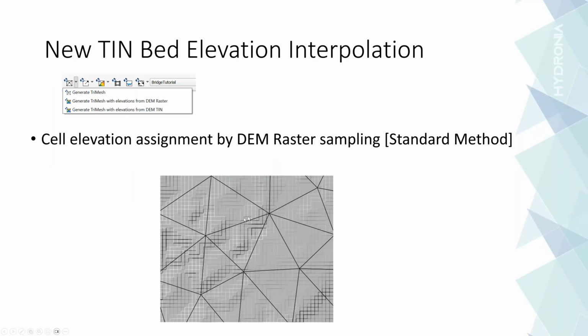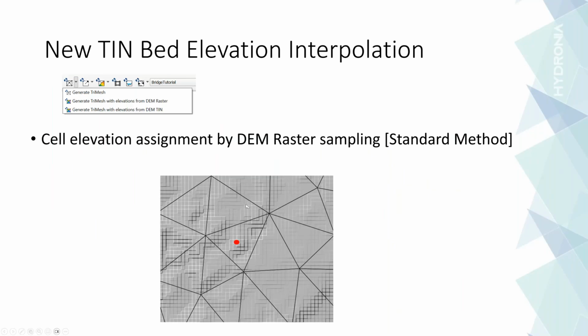It's just that at each cell, the value that was used to represent the bed surface at each cell location was the raster point at the centroid of the cell. So for instance, if you look at a cell like this, maybe the pixel that lies closer to the centroid of the triangle, and the elevation of this pixel was the elevation that was assumed for the whole cell.